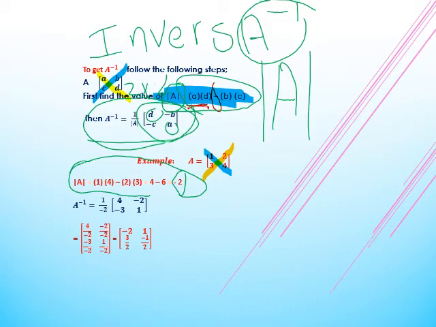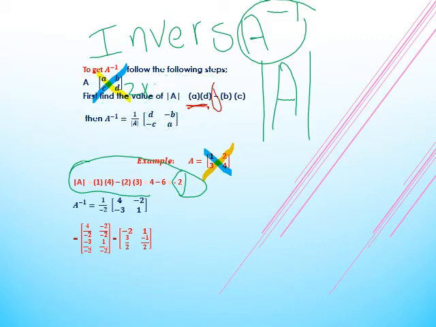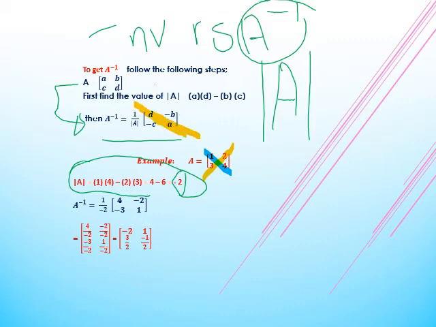Again, here to get the inverse matrix, applying this rule, A inverse equals 1 over the determinant of A multiplied by the matrix. Here we will change the location for this diagonal and not change the sign.